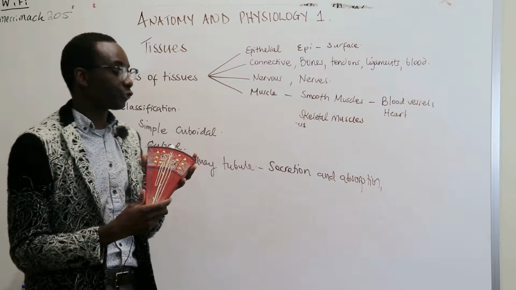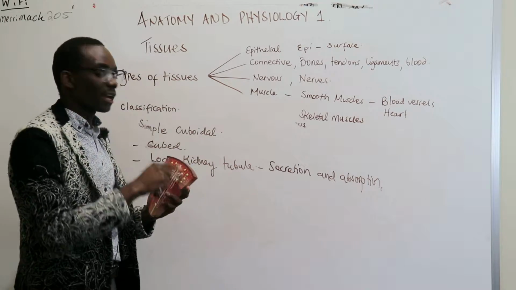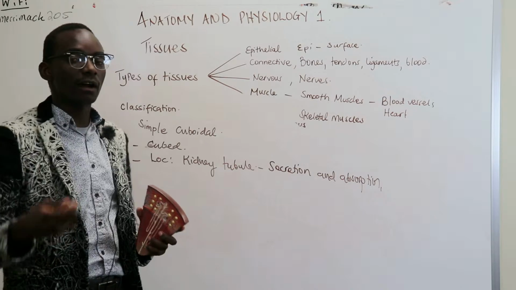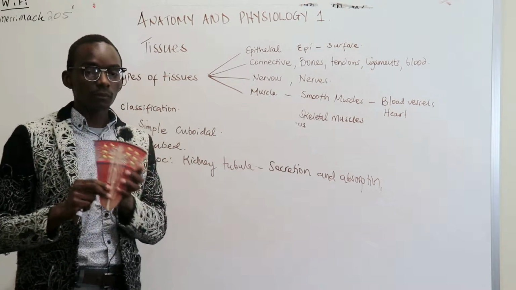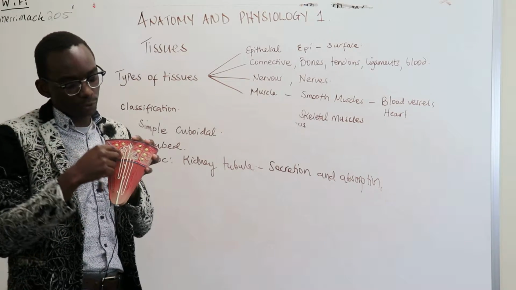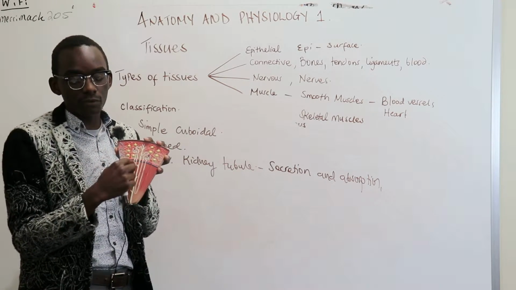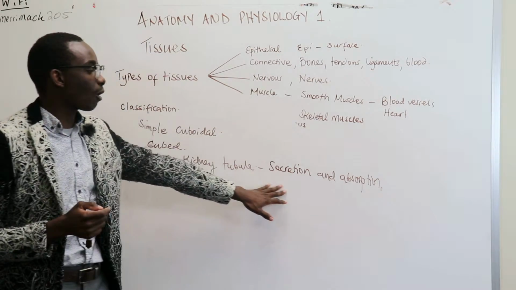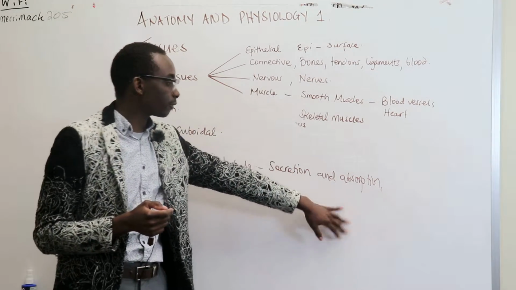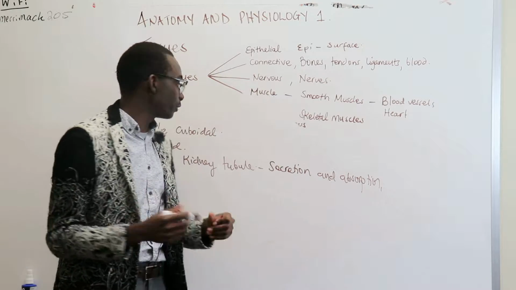apparatus for infiltration. So the processes that occur in a simple squamous are more of diffusion, whereas these are really different. These cells are found deep down in the nephrons, hence they play a role in the absorption and the secretion of materials used by the body during the formation of urine.